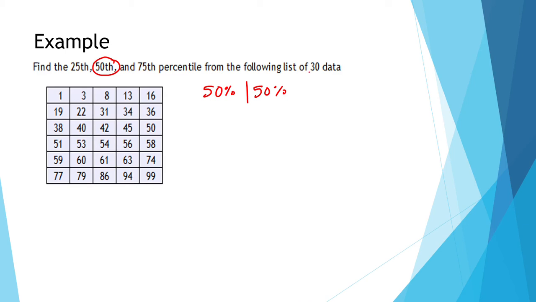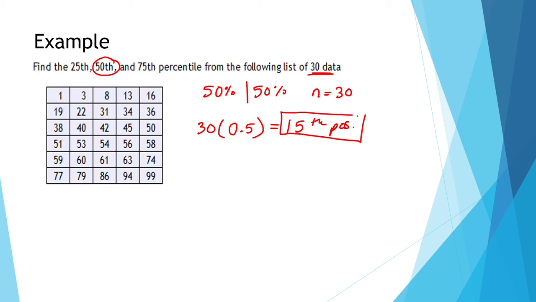We notice that the sample size is 30, so we say that the sample size n is equal to 30, and I want to find the number in the middle of that. I will take 30 and multiply by 0.5, which is equivalent to 50%. 30 times 0.5 is 15, so I know in the 15th position, we're going to find the 50th percentile.